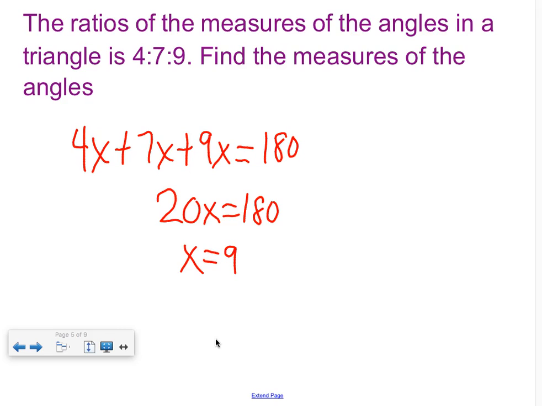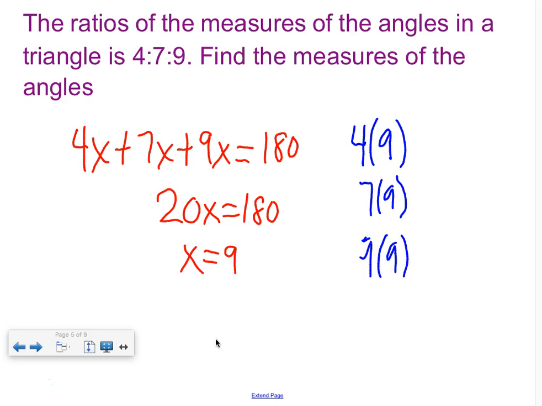Now how can I find out what the actual angles are? Just plug in and multiply out. Here we get 36 degrees, 63, and 81.